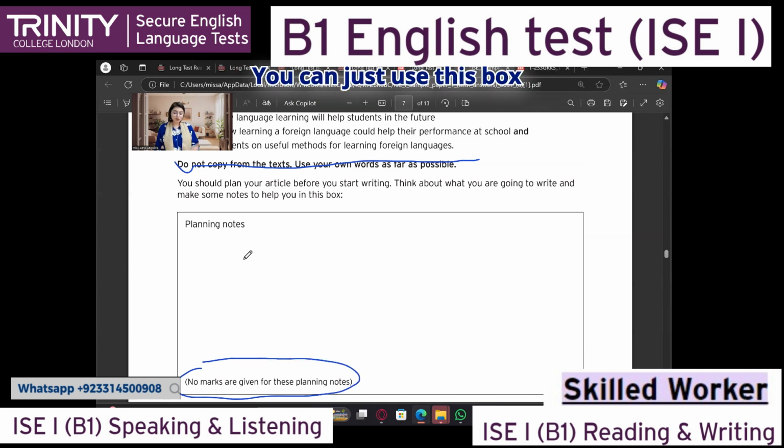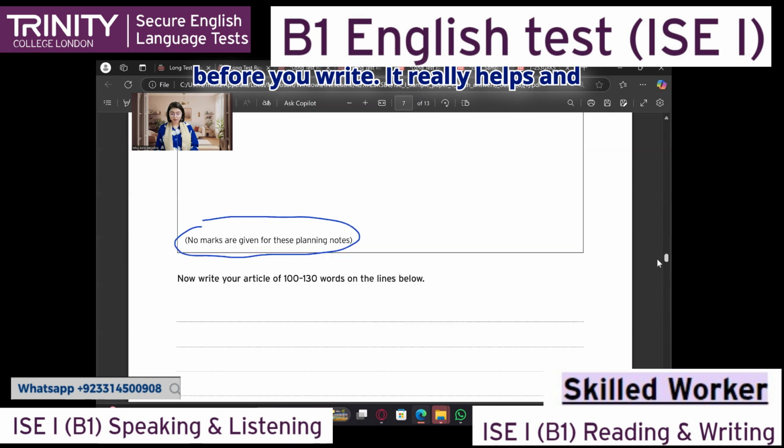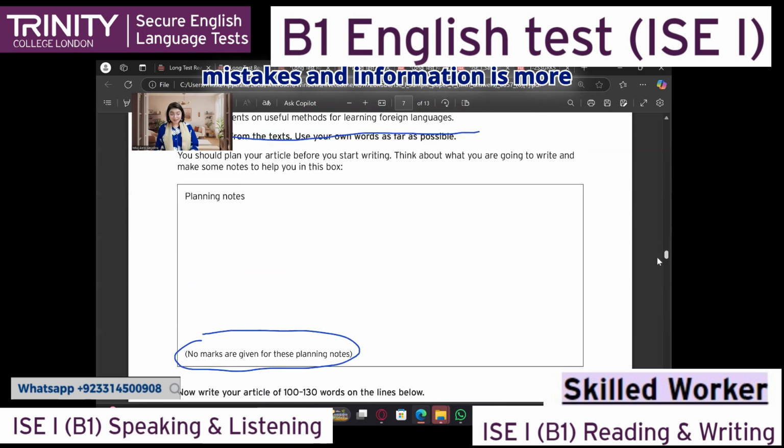You can just use this box to organize your thoughts, to pick up information and give information fully. This is just a box for you to make your own notes for yourself so that you can write down later in here. And I think it's always good to plan before you write. It really helps and saves time, and there are fewer mistakes and information is more efficient.